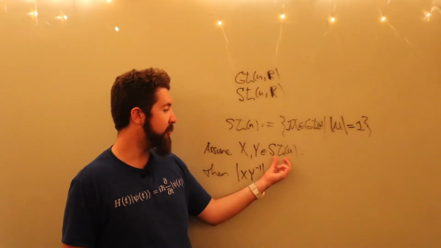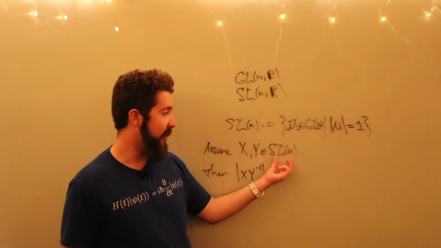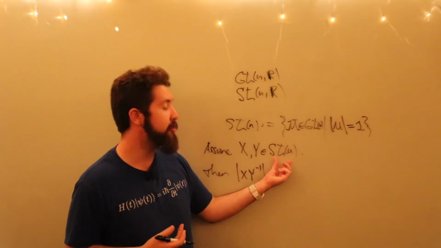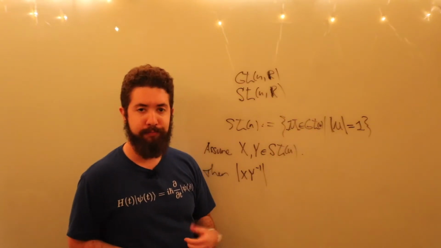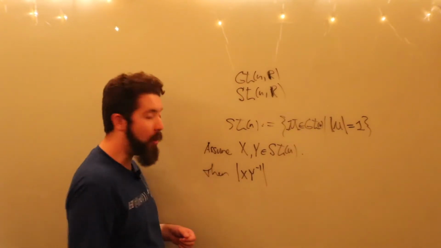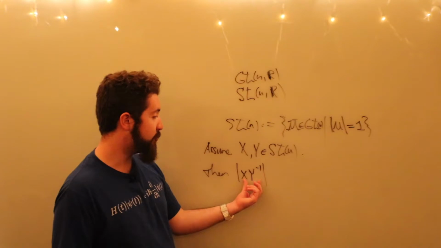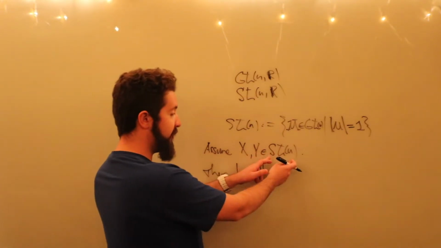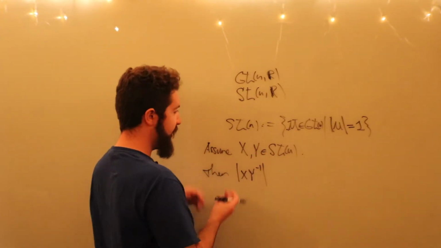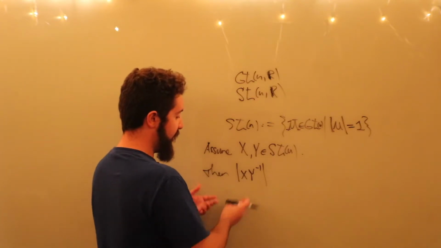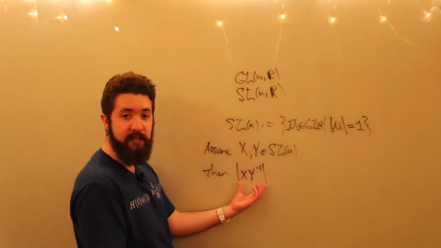It's in the special linear group, which is a subset, at least until we prove it's a subgroup, of the general linear group, right? So Y definitely has an inverse, and we want to look at this product, and we want to show the product is in here, right? That's a subgroup test. And to do that, all we have to do is show that its determinant is 1.